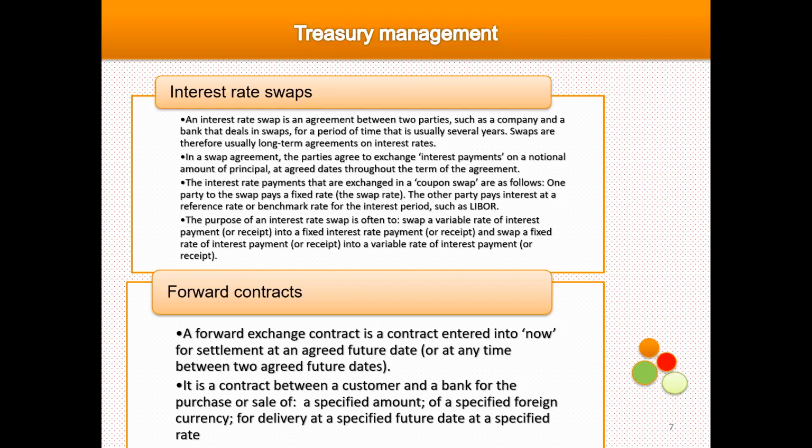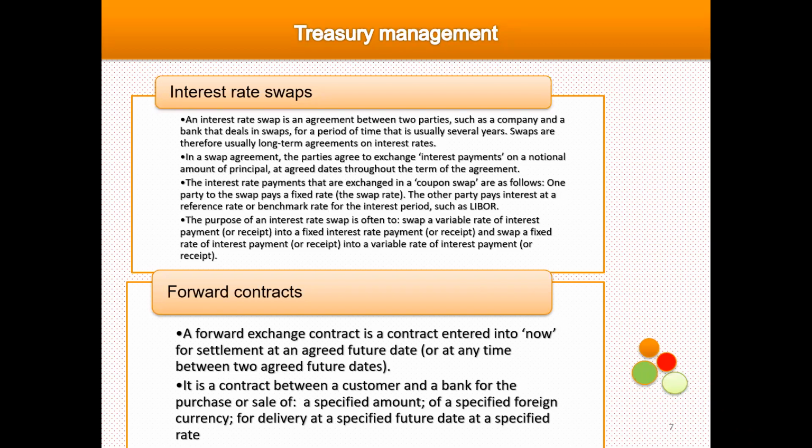So that's one side. A company might want to receive payments with a variable interest rate, while the other party might want to limit their risk by receiving a fixed rate. So it's like a win-win for people. On one side, one person wants a variable rate, another person wants a fixed rate. So they exchange based on that.